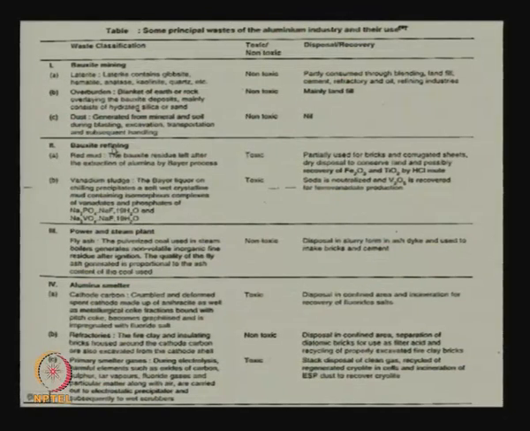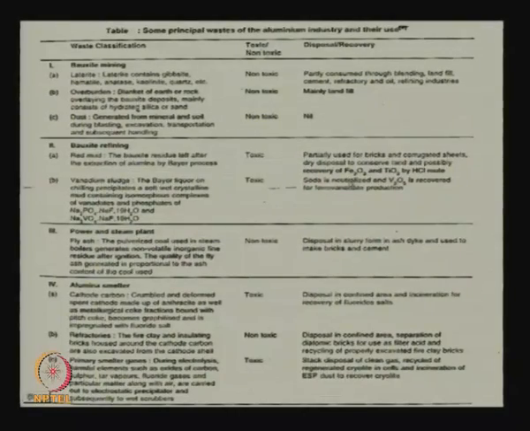After we have removed the top, then for bauxite mining, we end up with red mud, the bauxite residue left after the extraction of alumina by the Bayer process. This is toxic. It is partly used for bricks and corrugated sheets, dry disposal to conserve land and possibly recovery of Fe2O3 by the HCl route, they are being tried. Dry disposal means we do not allow too much of liquids to go with the red mud, but then there is a problem that they can fly around.